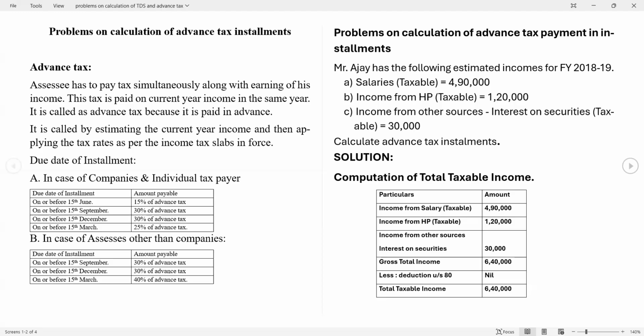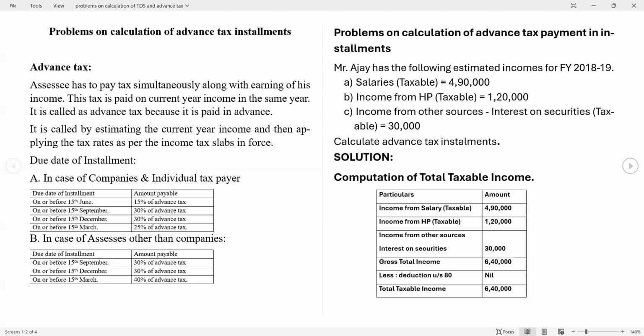The second installment we have to pay on or before 15th September, 30%. 42,120 into 30% gives 12,636. The third quarterly installment will be on or before 15th December. 30% should be paid on this amount, and we get 12,636. The final quarterly installment will be in the next year, on or before 15th March.